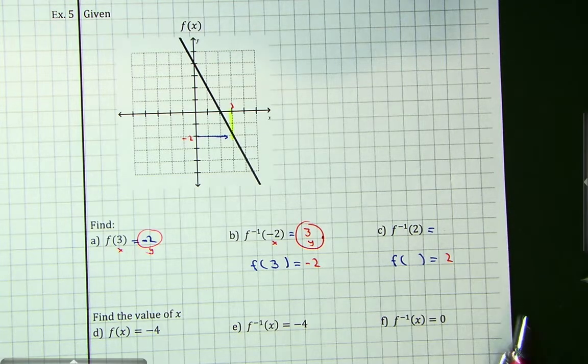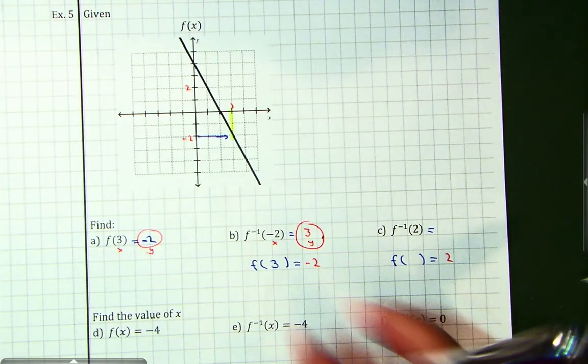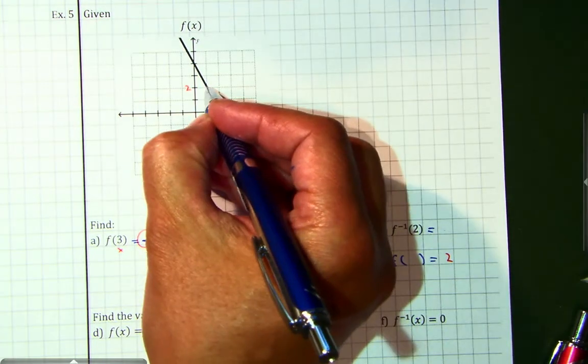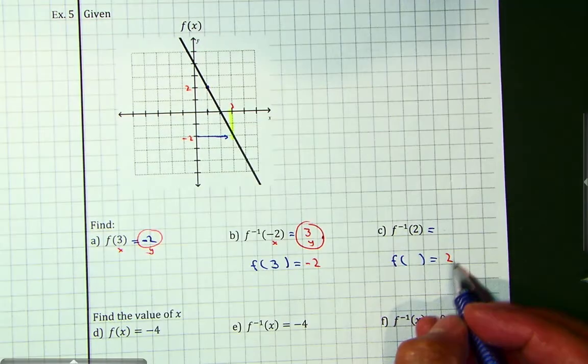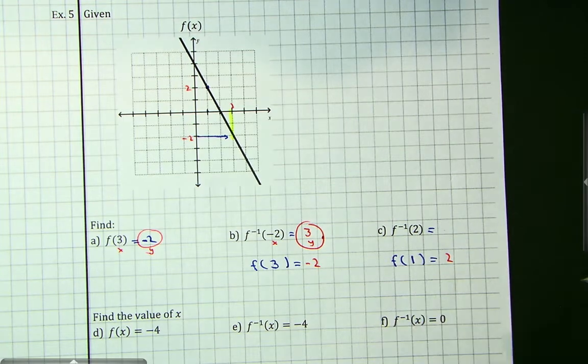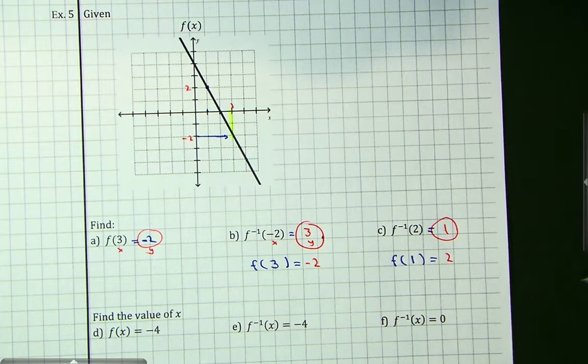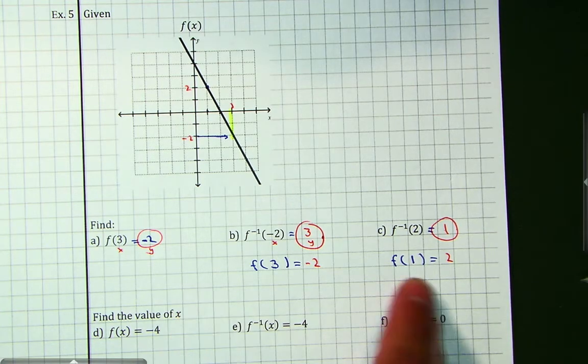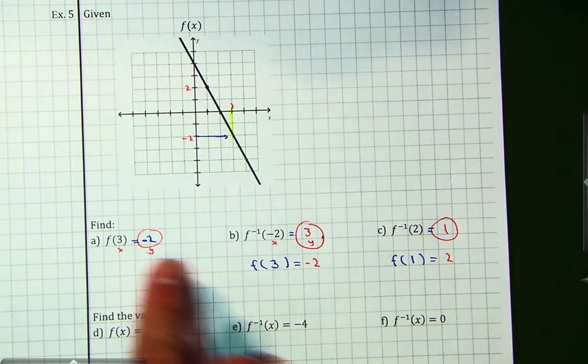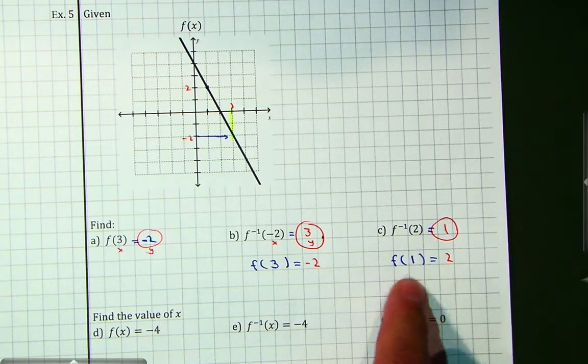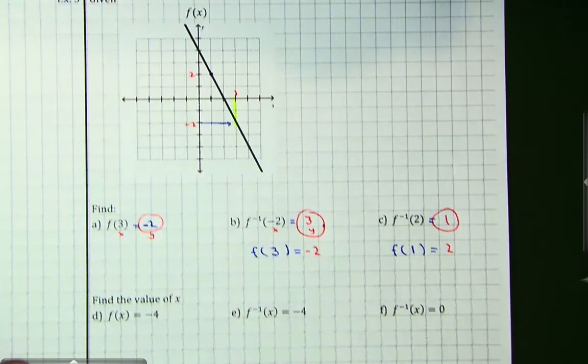The y value is 2, the x value will be 1. So therefore this is 1. And this will be on the test, and somehow people continue getting this incorrect on the test. So just be careful, and I'll give you guys a quiz next time.